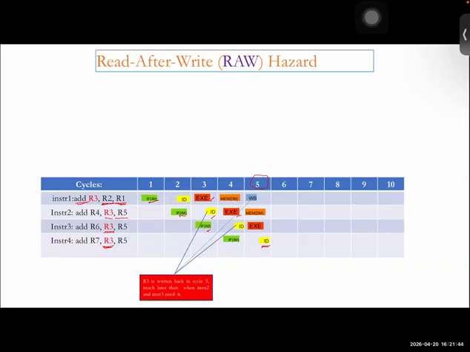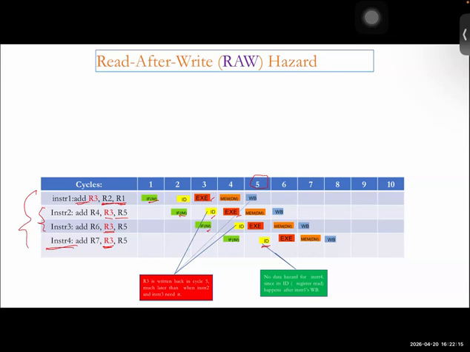Therefore there is no data hazard for instruction 4, but there is a data hazard for instruction 2 and instruction 3. If there were no read after write data hazard, these 4 instructions would complete their execution in a total of 8 cycles.